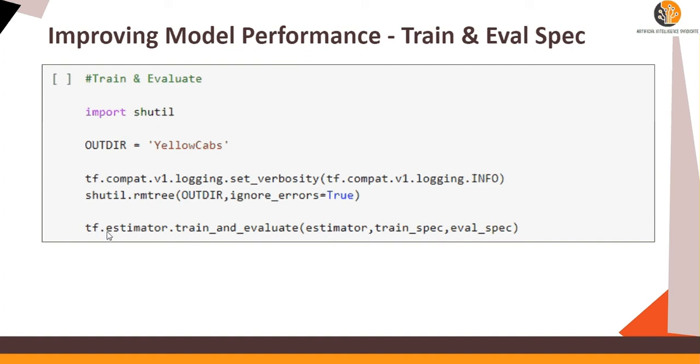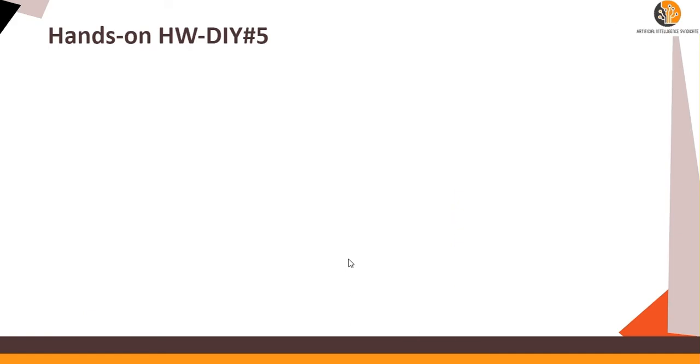So if you pass the train and eval spec, this estimator function is going to give you a combined output. And at the end of it, we are calculating the RMSE. So we are going to look at the hands-on DIY, and you would be surprised with the RMSE we got using the feature engineering and normalization.